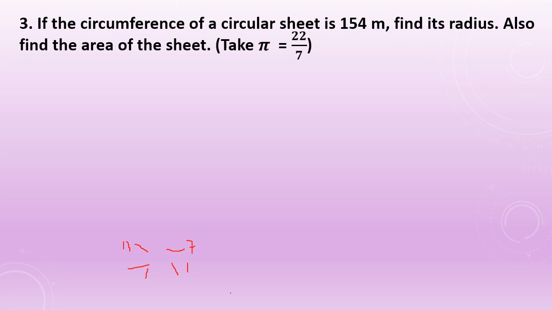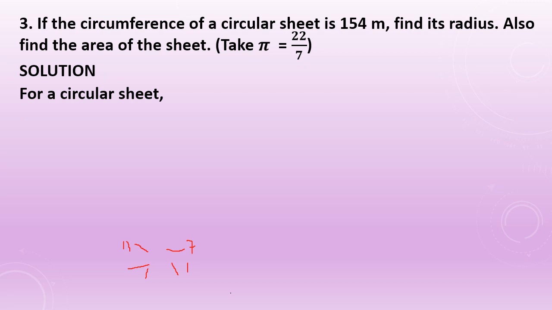Now we move to question number 3. If the circumference of a circular sheet is 154 meter, find its radius, also find the area of the sheet. Take pi equal to 22 upon 7. So, children, what is given in the question that we have to mention first.